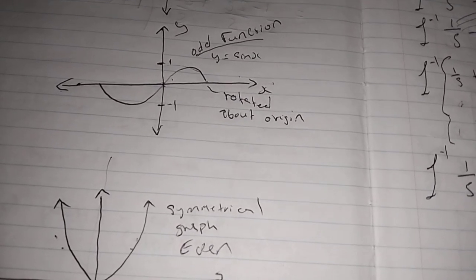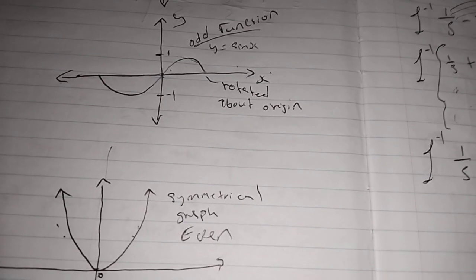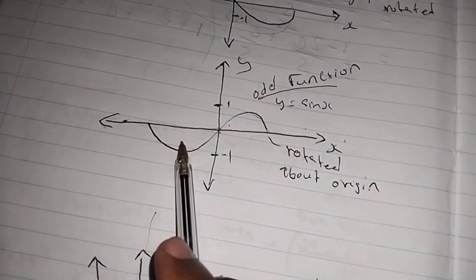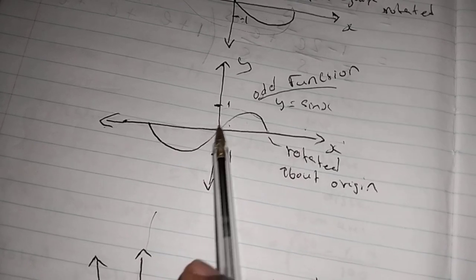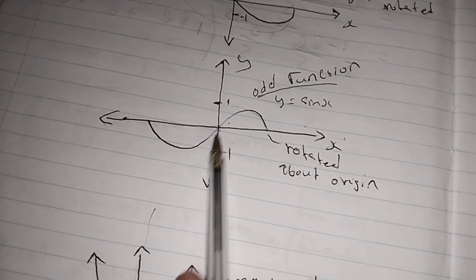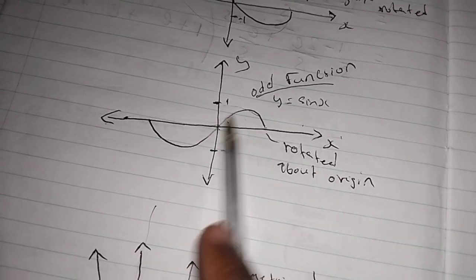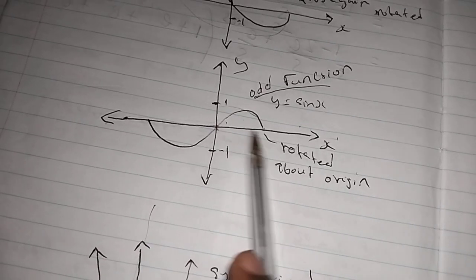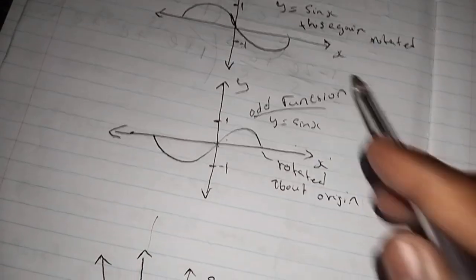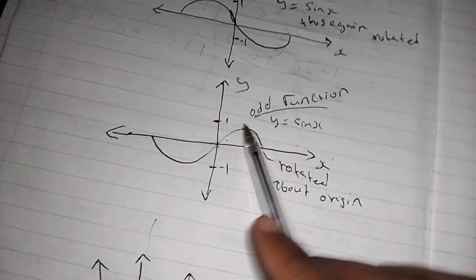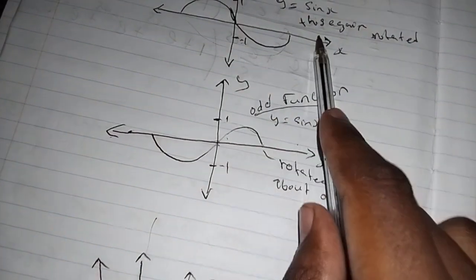When it comes to Fourier series, once you find that your function is like this, the graph of sine is an odd function.